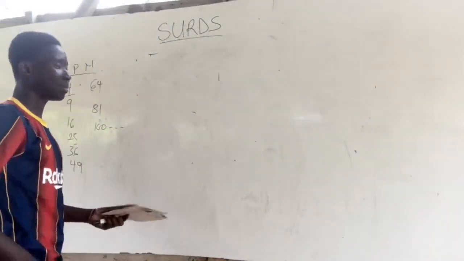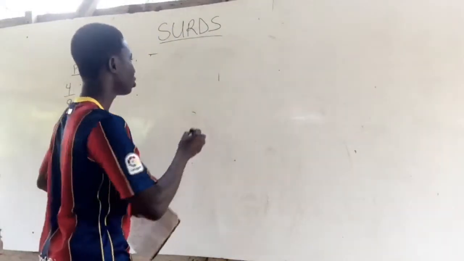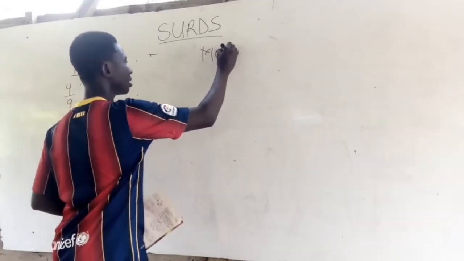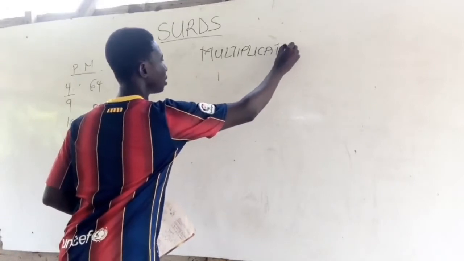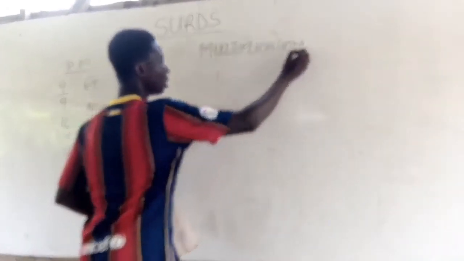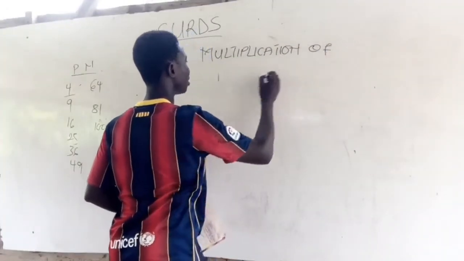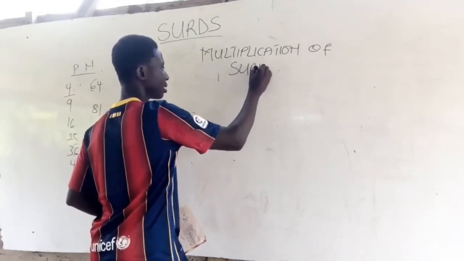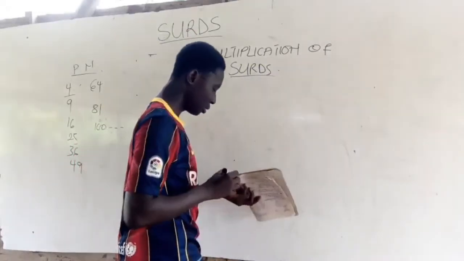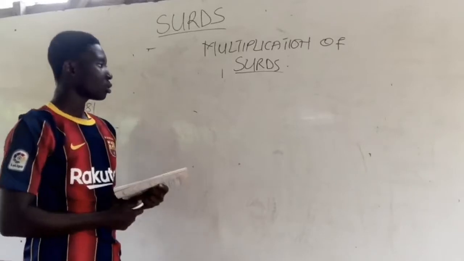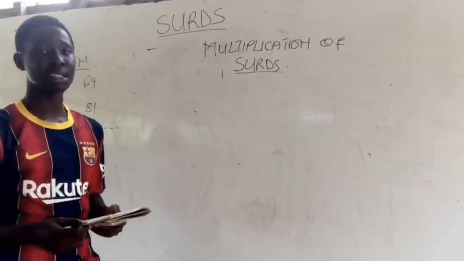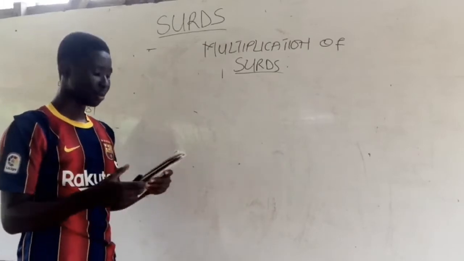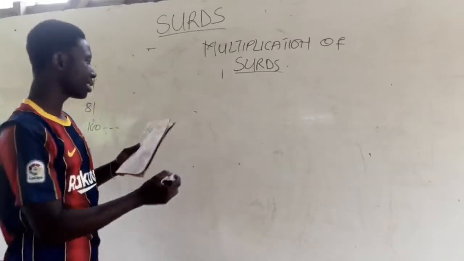So we are moving on to multiplication of sets. So when we are multiplying sets, all the properties of sets must be observed. So let's start with this question.